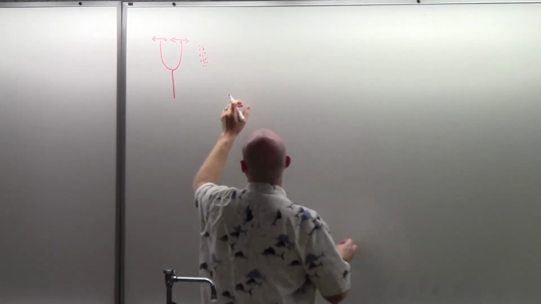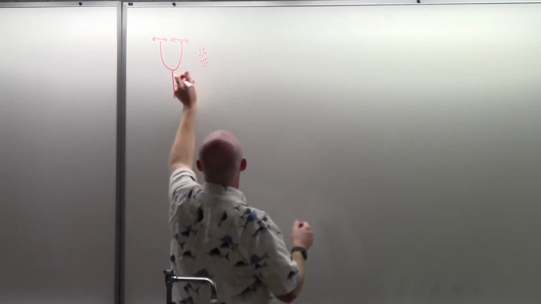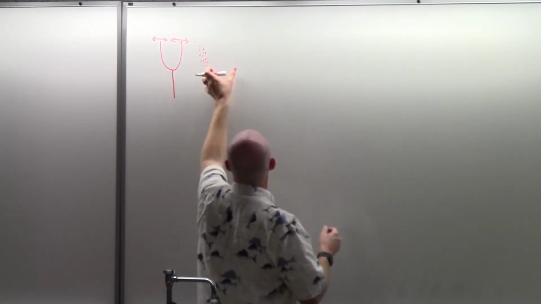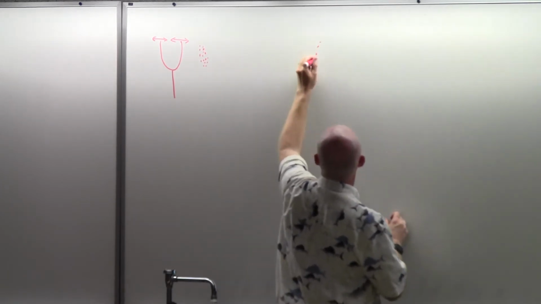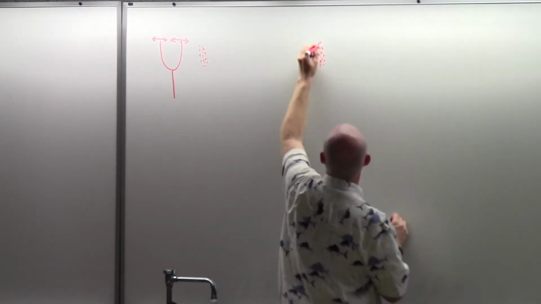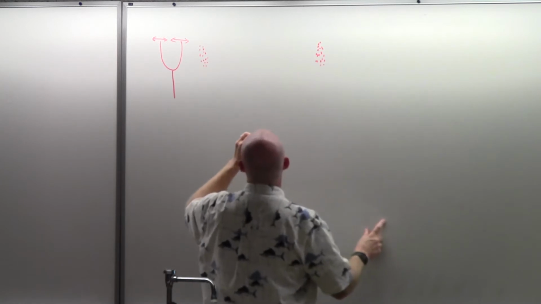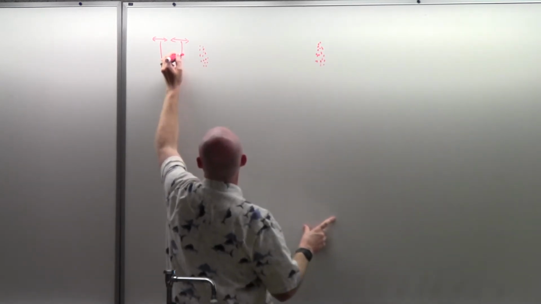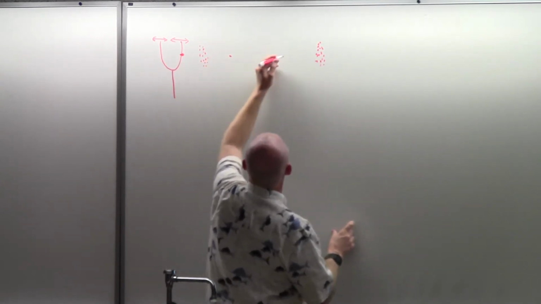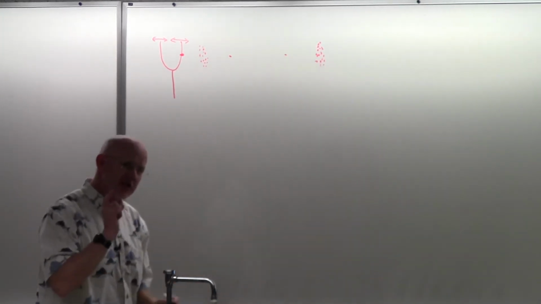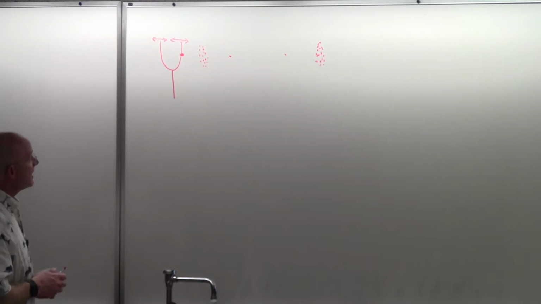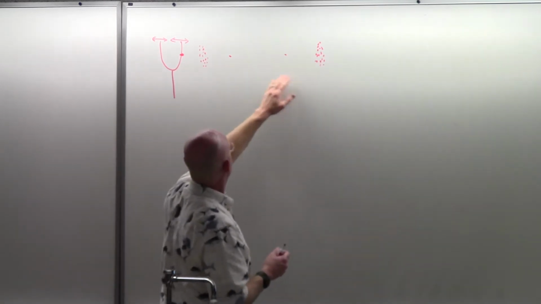That would move, let's do a quarter, maybe about here. And maybe I'll put a dot here and a dot here and a dot here. And look at this a little bit closer. Let's look at in between.